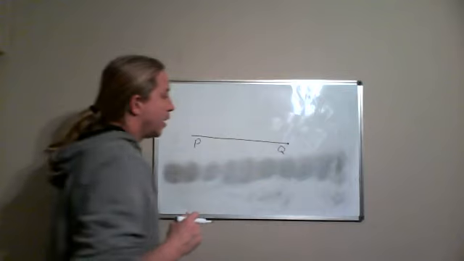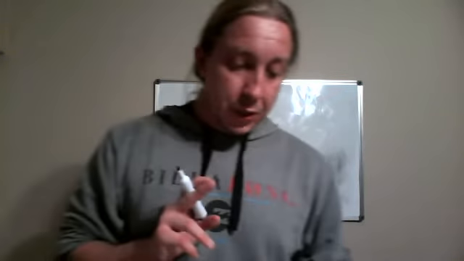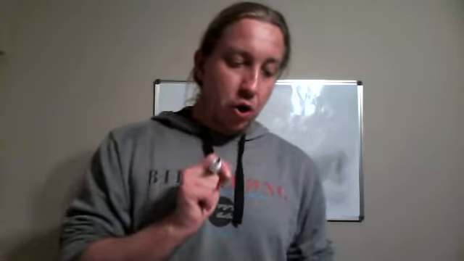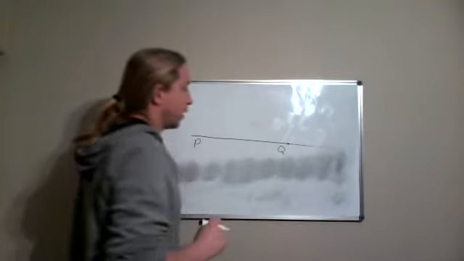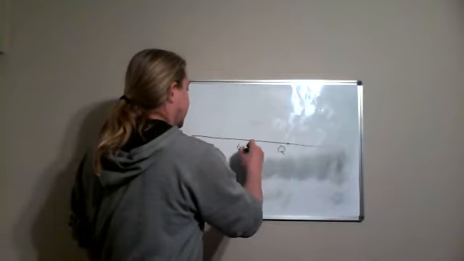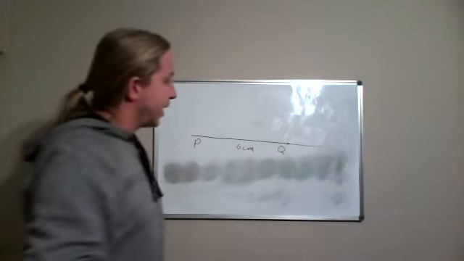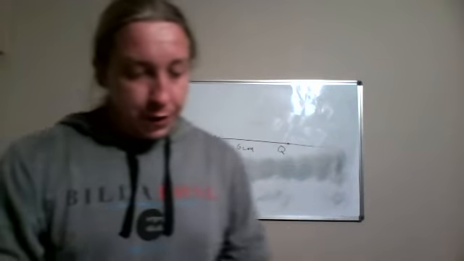So what we're going to do is draw this PQ line a little bit further. I'm just going to extend it a little bit more there. This is still 6 centimeters and I've just extended the line a little bit further.